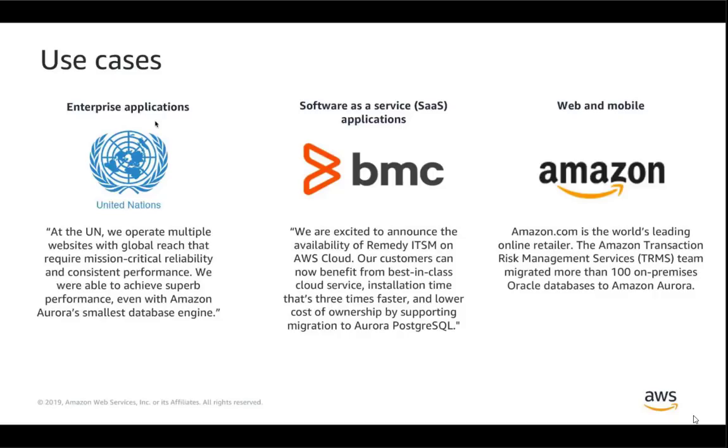We see a lot of software as a service applications. There are a lot of really good features within relational databases that lend themselves to multi-tenancy, being able to do that within the database and enforce it there. And also web and mobile. Amazon.com is definitely a large user of relational databases, migrating off of Oracle to Amazon Aurora.